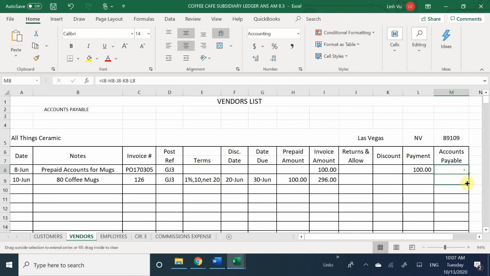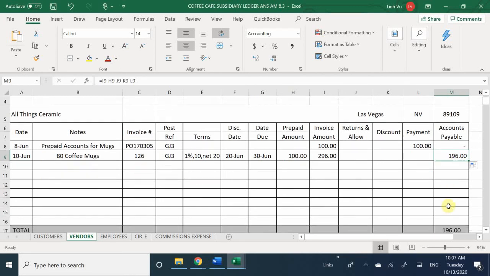So if you were to pull this formula down, which if you remember what it was, we took the invoice amount, subtracted any prepaid amounts, subtracted any returns and allowances, and also subtracted any discounts as well as payments. And if we pull that formula down, it shows us that now we owe a grand total of 196. Okay?